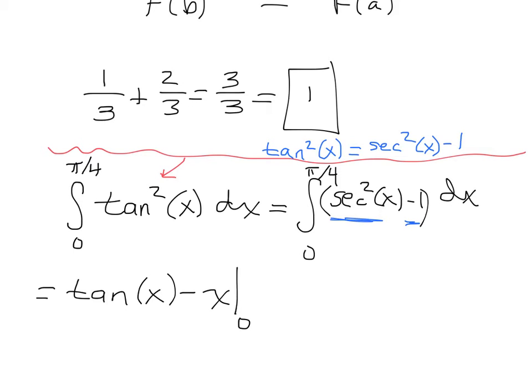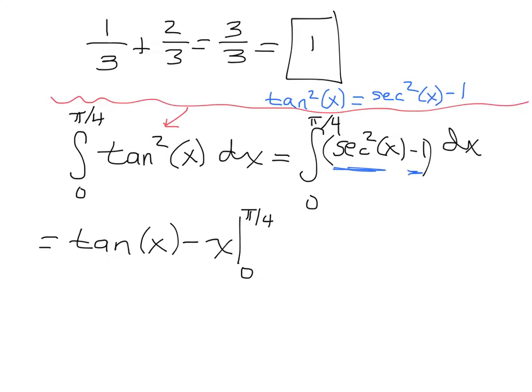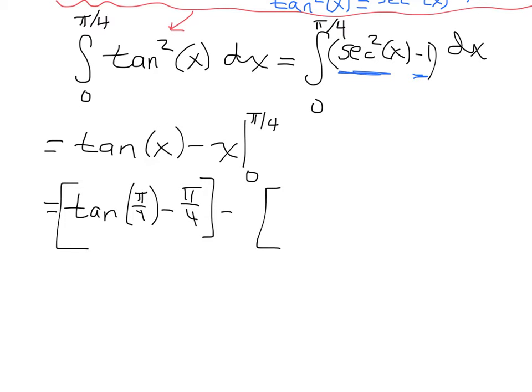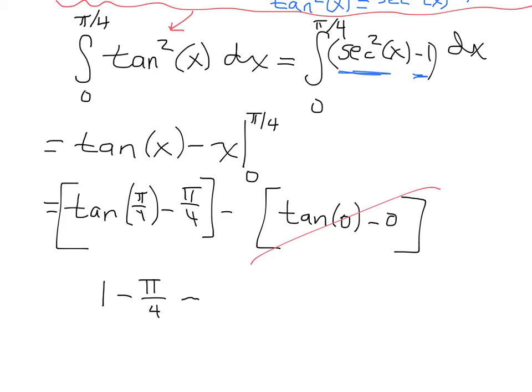I evaluate it from 0 to pi over 4, which just simply means I plug in pi over 4 for x, minus tangent of plug in 0. That goes away because tangent of 0 is 0. Tangent of pi over 4 is 1, so I get 1 minus pi over 4, or about 0.2146.